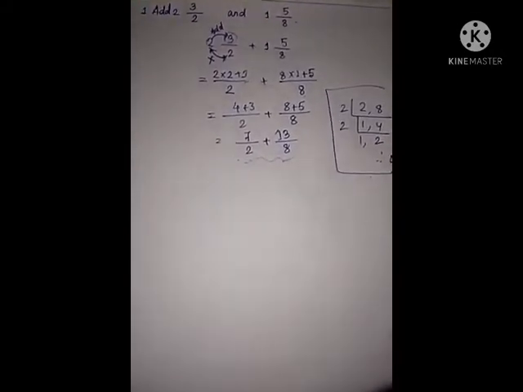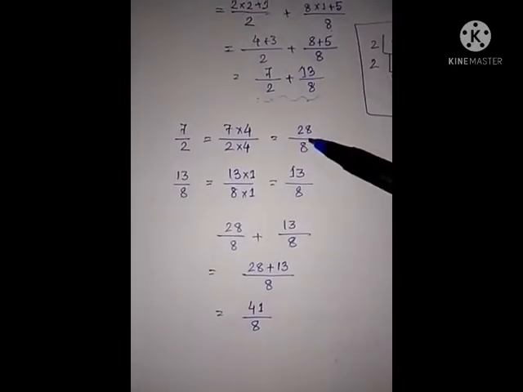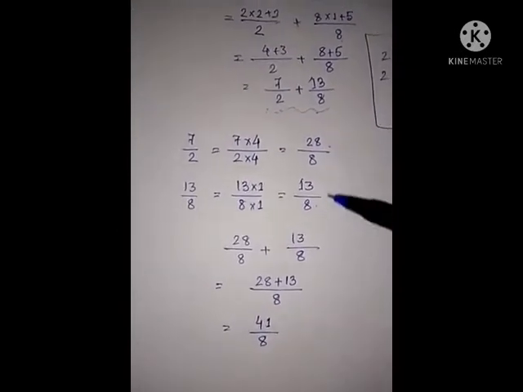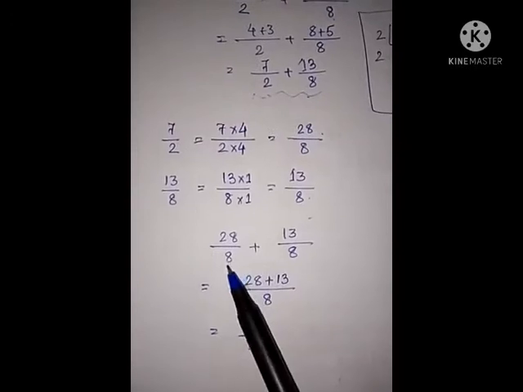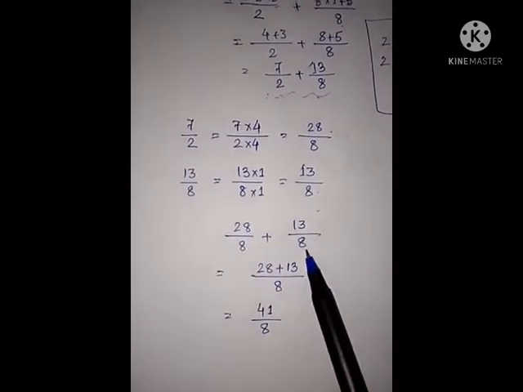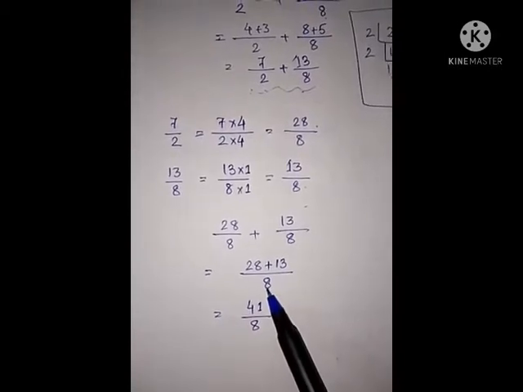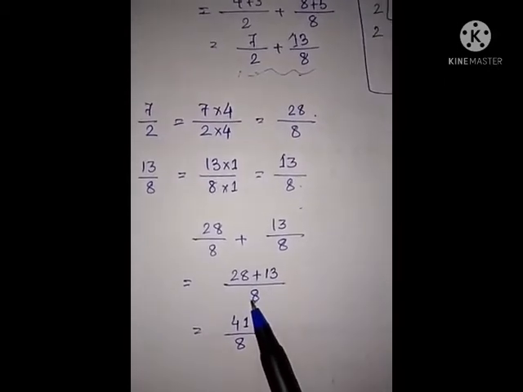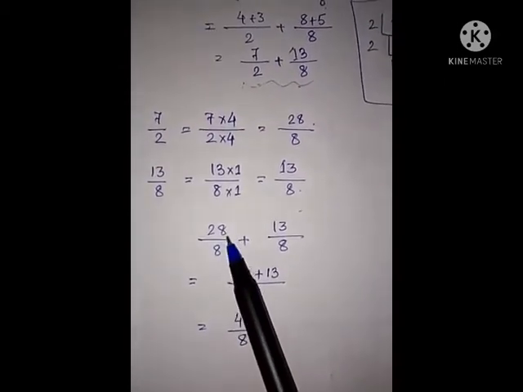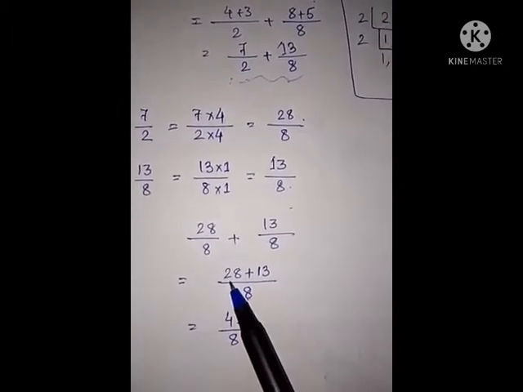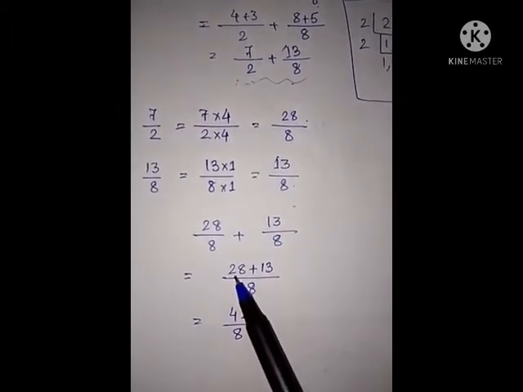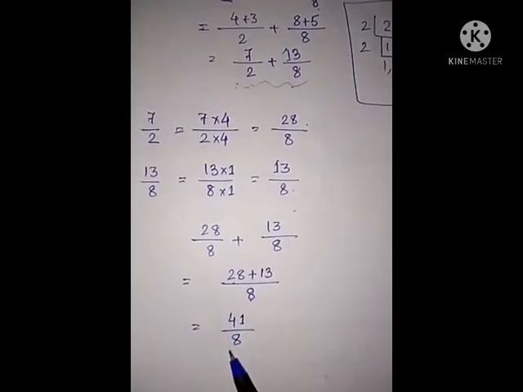See, after I write equivalent fractions, just add that. So the denominator is now the same because these are equivalent fractions. I have written 8 here, and now simply add the numerators. 28 plus 13, 41 by 8.